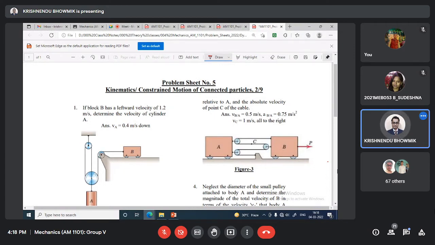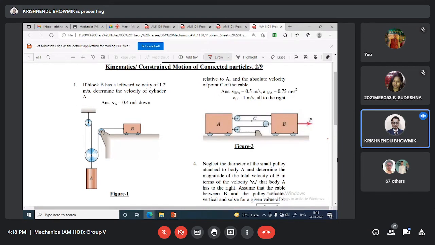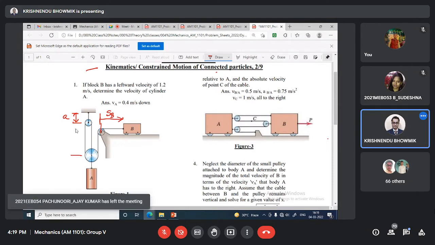So for this problem 1, what we can do for this type of problem is take some reference point and give some sort of length or distance. Say if I want to consider this one, this to this is B, maybe this is B, and this to this some constant, say A, so this is SA.